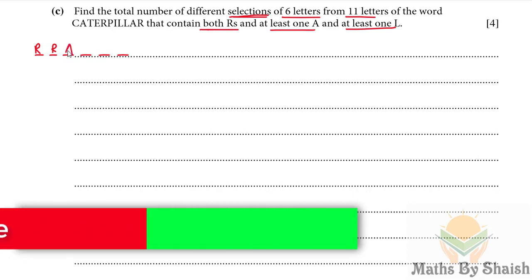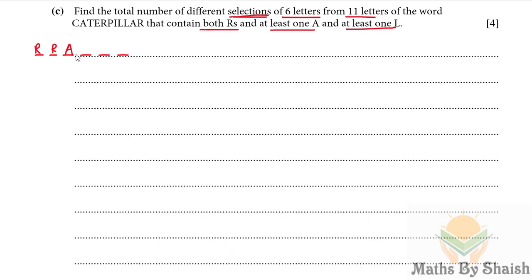So one condition is there should be at least one A. There can be 2 because there are 2 A's, and at least one L, so it can be 1 L. This has to be there. Now we have to deal with the other possibilities. So again 6 places. 2 R's are definitely coming. Let's say 1 A, and after 1 L there is another possibility for A. I am putting A here, so only one place is left.